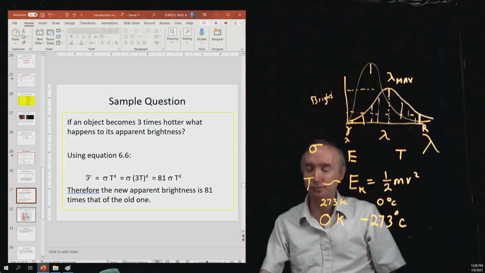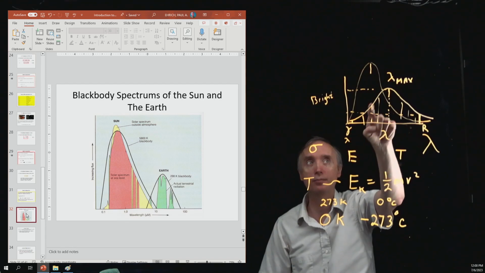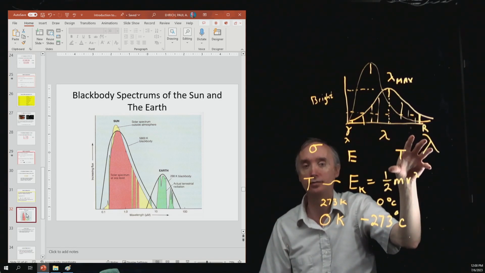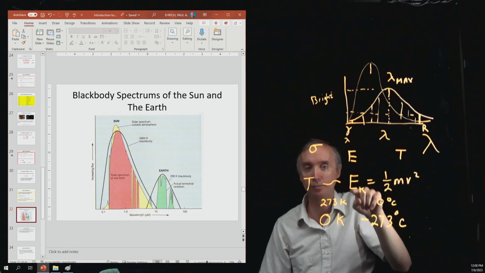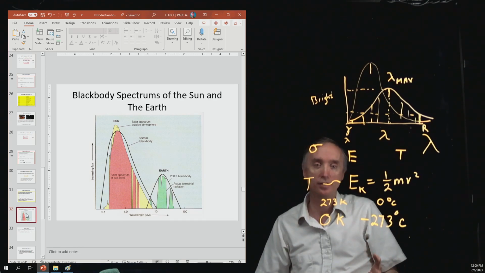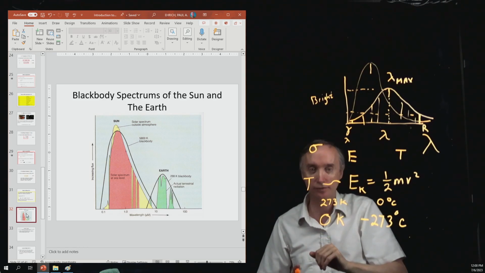Okay. And then we have this picture here, which shows the calculated black bodies for both the sun and the earth, and then those calculated ones are the ones that are in black. Then they actually measured the black body spectrums of the sun and the earth, and then they got that red and that green and that yellow stuff.